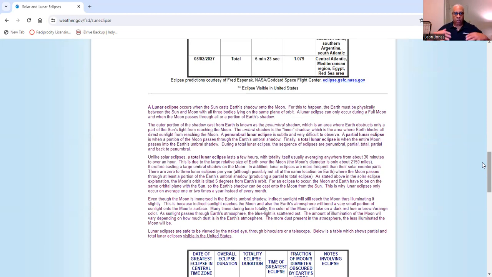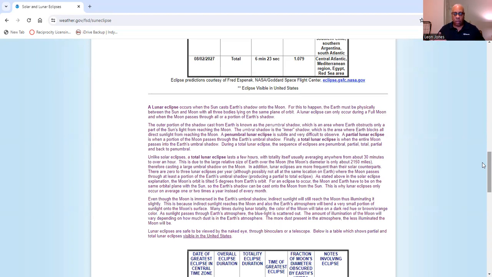Now, during a lunar eclipse, the outer portion of the shadow cast from Earth is known as the penumbral shadow, which is an area where Earth obstructs only part of the sun's light from reaching the moon. Now, the umbral shadow is the inner shadow, which is the area where Earth blocks all direct sunlight from reaching the moon.